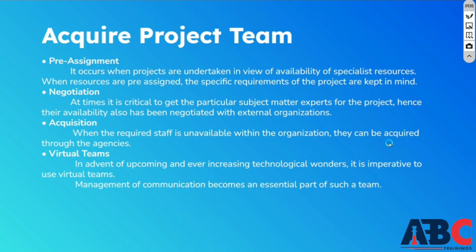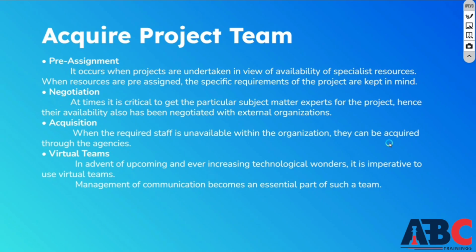By checking their ability, you pre-assign that resource for that project, or specific requirements are in your mind about that project. That is called pre-assignment. You have specific requirements, so you assign the resource that you require first.